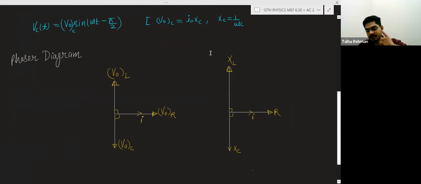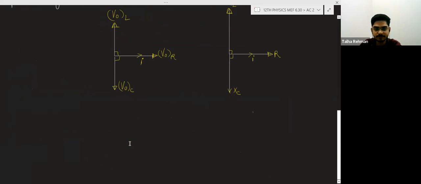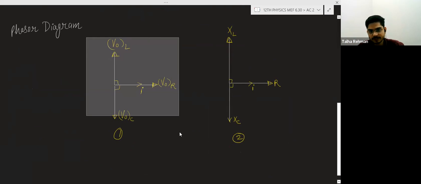We call it the resultant impedance. So from the first diagram, and this is the second phasor diagram, first we will see how to calculate the resultant voltage with the help of this phasor diagram.